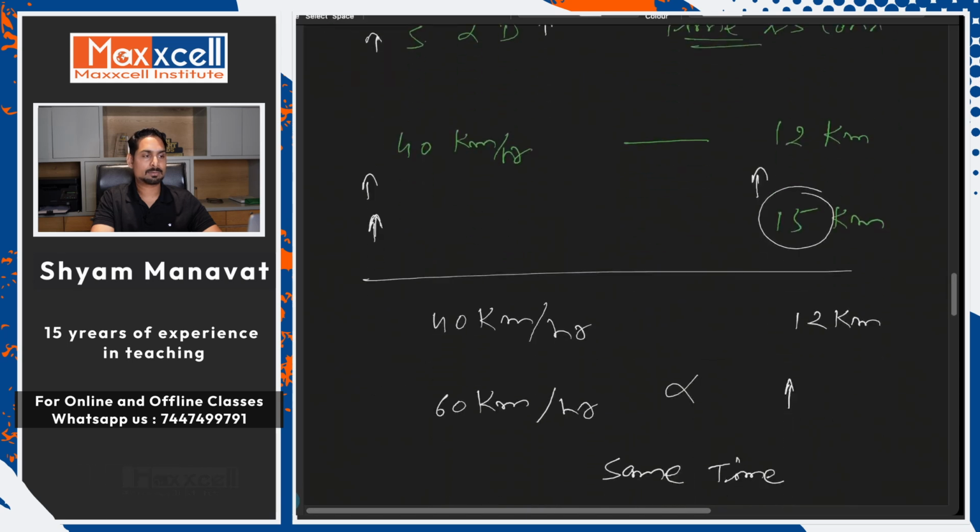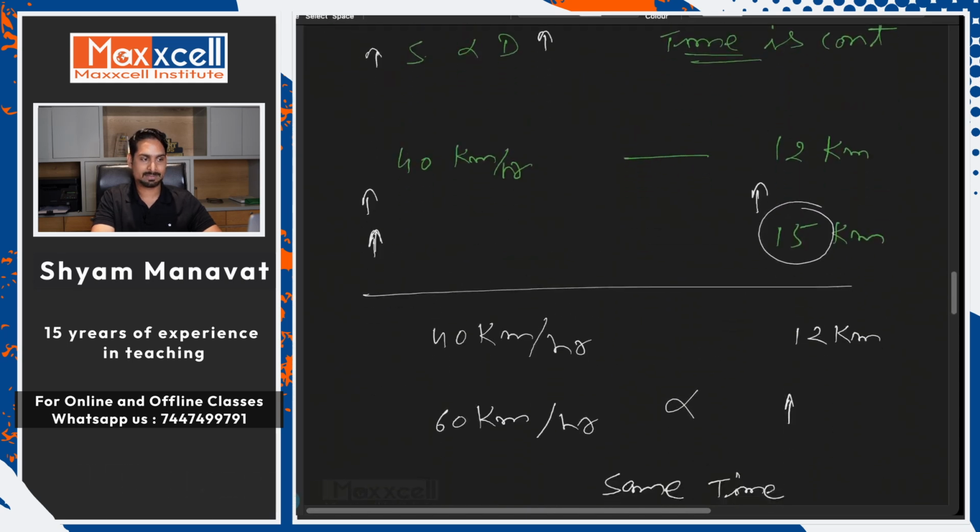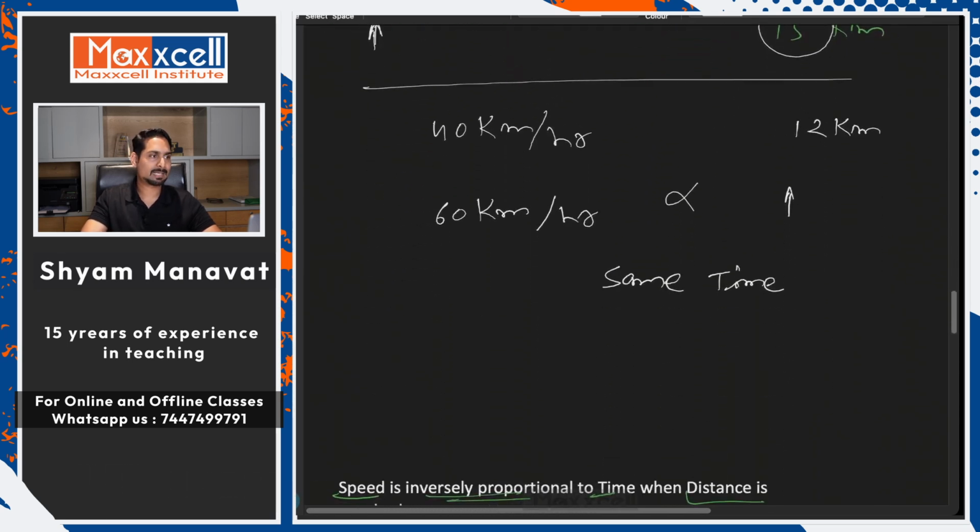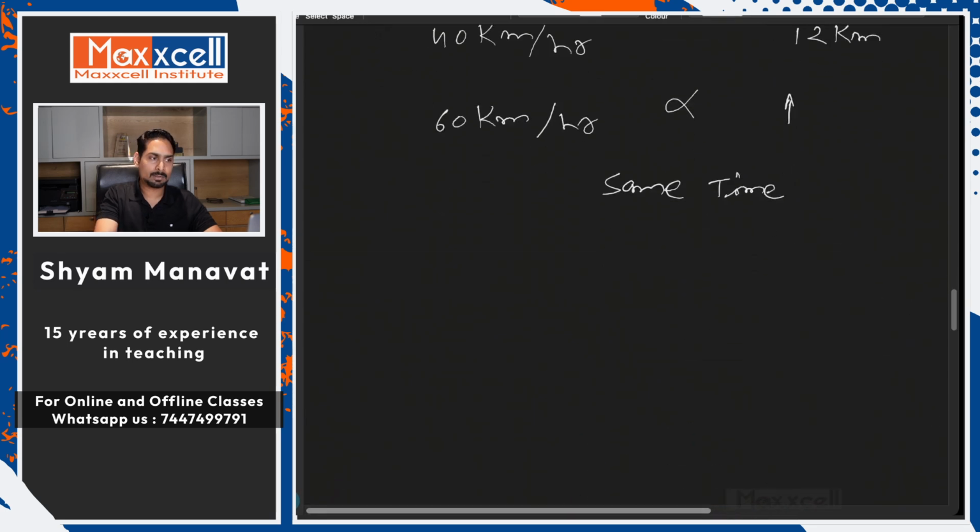Speed and distance are directly proportional when time is constant. That means we can say the ratio of speed, S1 is to S2 is to S3, the speed of the first object relative to the second object relative to the third object, is equal to the ratio of distance covered by the first object to the second to the third.